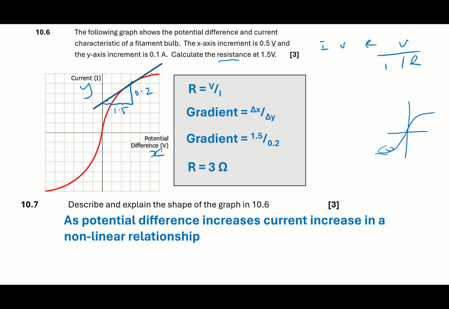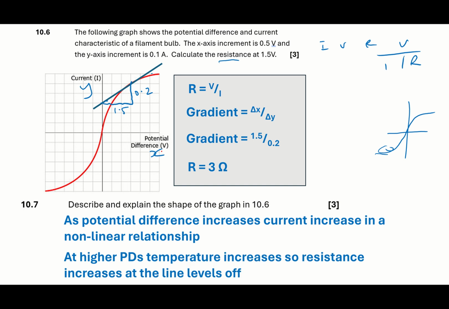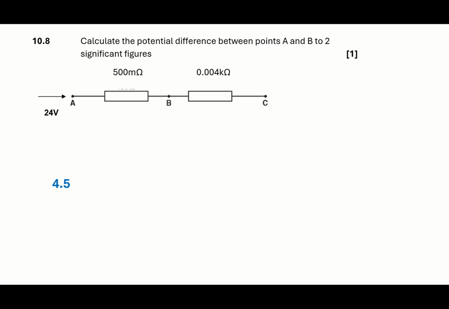As the temperature goes up, resistance goes up, and therefore less current can flow. So at higher voltages, the temperature increases, so resistance increases, and the line levels off. But it's that idea: temperature goes up, resistance goes up, so with the same push, I get less current flow.